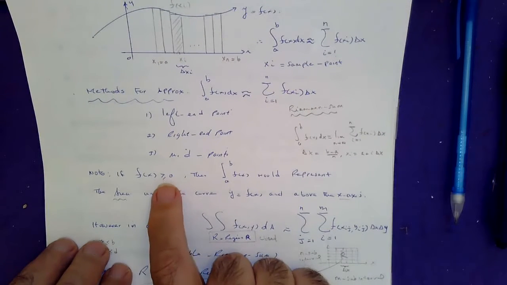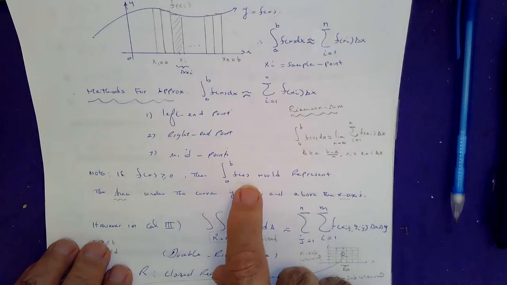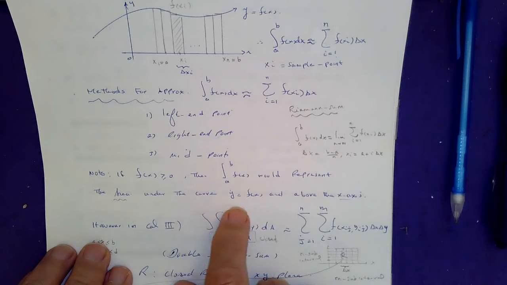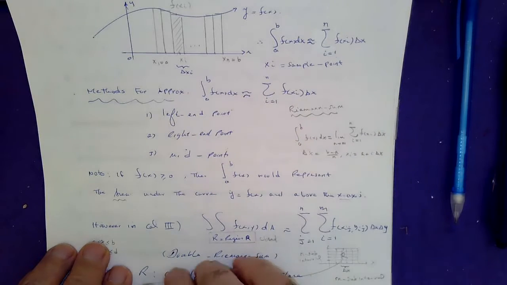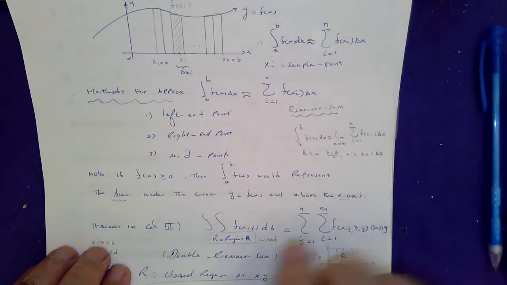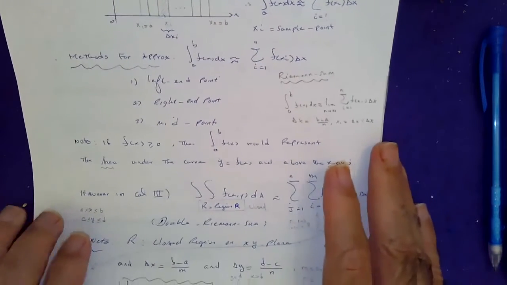As I said, provided the function is positive, this represents the area under the curve. If it is not positive, then depending on the context of the problem, it could mean something else.